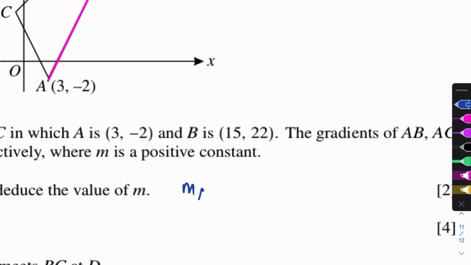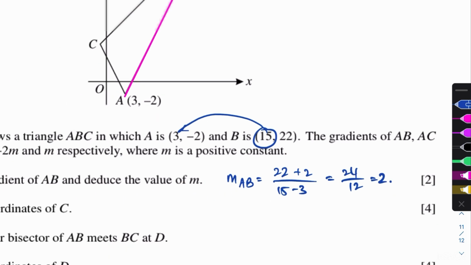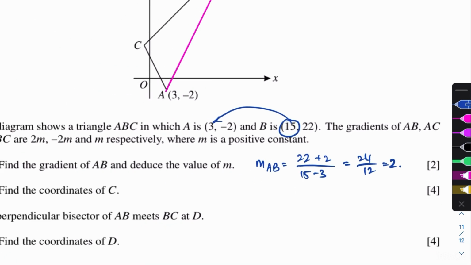So mAB equals, I'm going to start with B because the numbers are bigger. So 22 minus negative 2, so 22 plus 2, over the difference between the x's, 15 minus 3, equals 24 over 12, which is 2. So that's the gradient of AB.